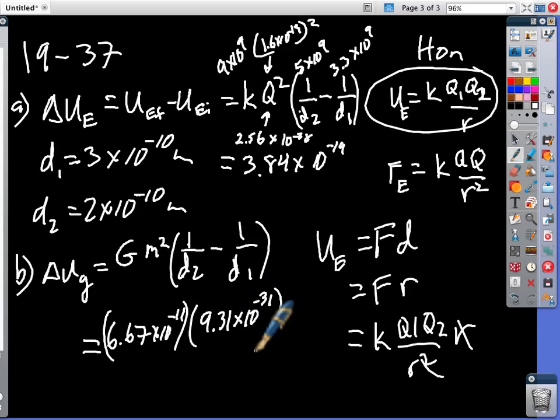I know it's minus 31 though. And then it's that same part in here. 1 over 2 times 10 to the minus 10, and 1 over 3 times 10 to the minus 10. Okay, what do you get there?